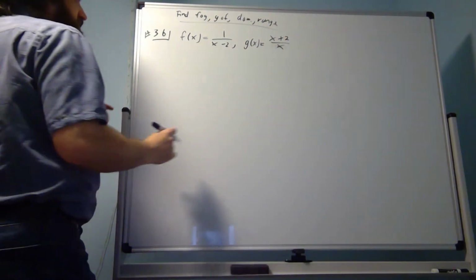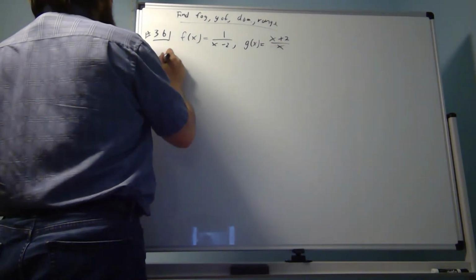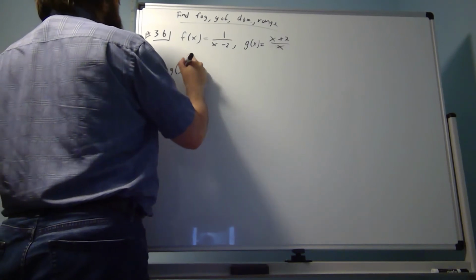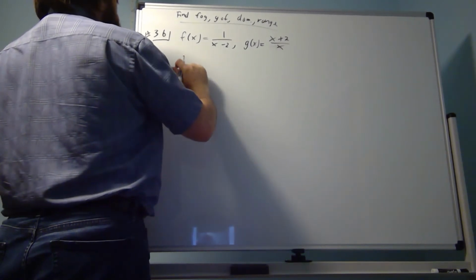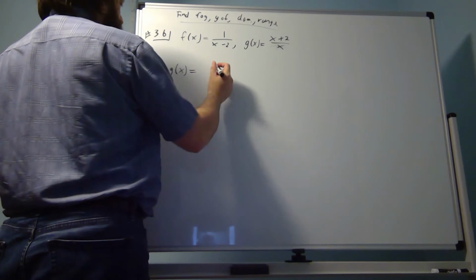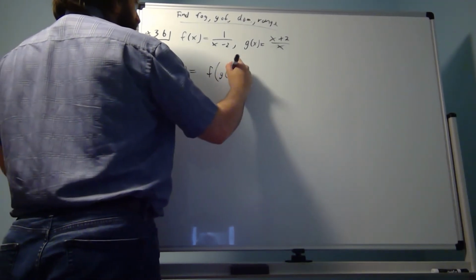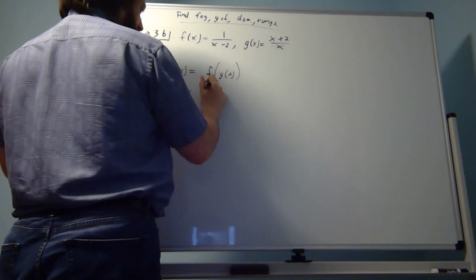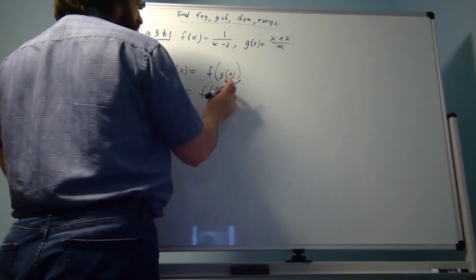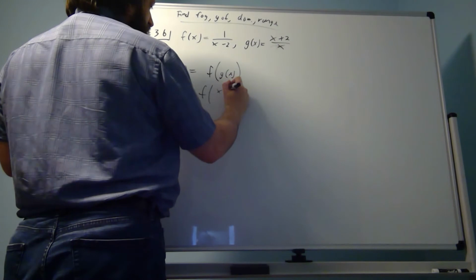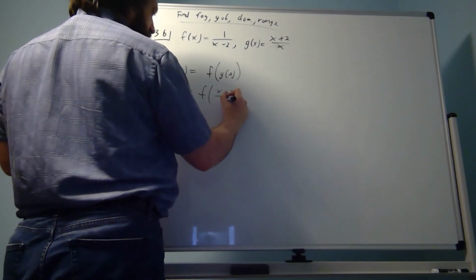Okay, so f of g of x. I'm going to go a little bit faster this time. I'll write down this much, but I'm not going to do the colors. We're applying f not to plain old x, we're applying f to this expression x plus 2 over x.